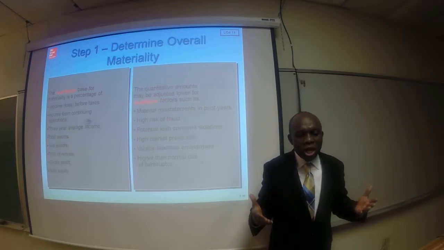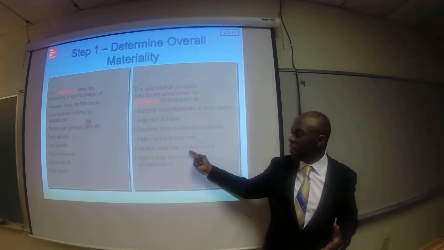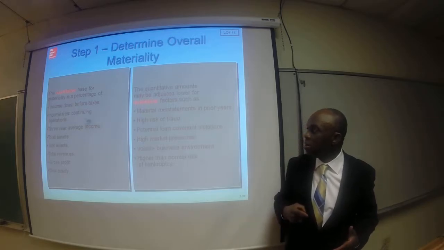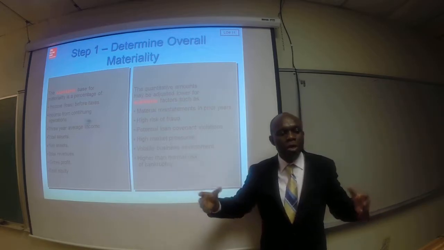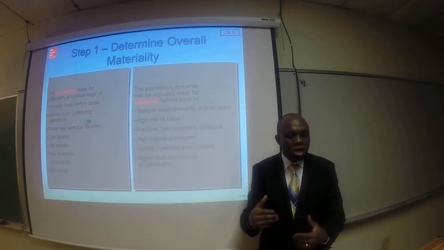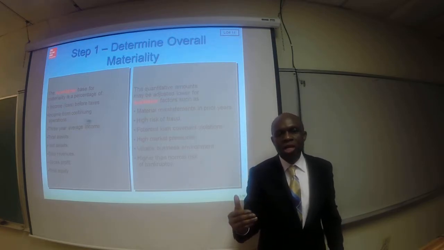Let us take a look at the second bullet, high risk of fraud. So if there is a high risk of fraud, then we might want to go ahead and reduce the materiality.